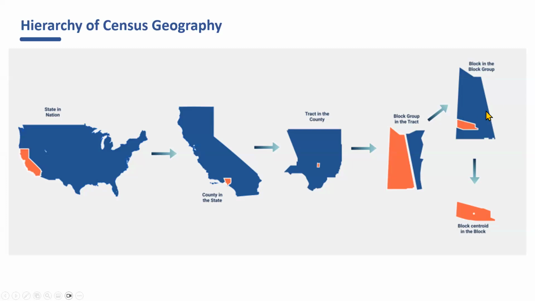So now we're at ACS level here. Here, decennial; now we're starting ACS level geography. And we can see how the block group nests within the census tract, which is a larger geographic entity. Then the census tract nests within the county, the county nests within the state, and the state nests within the nation.